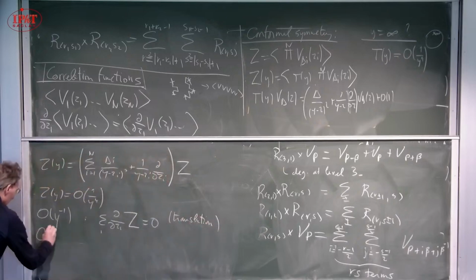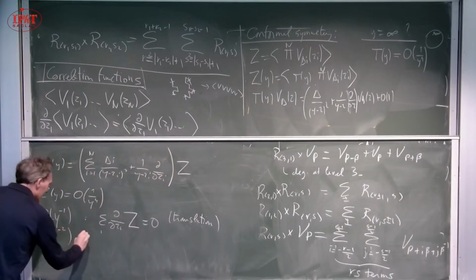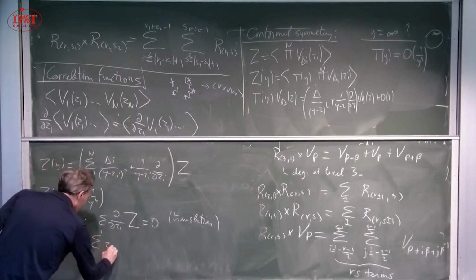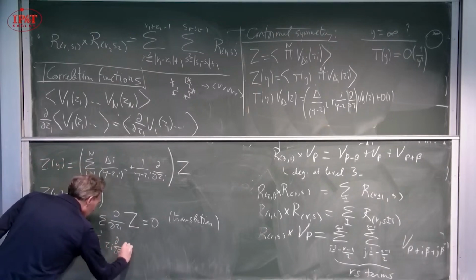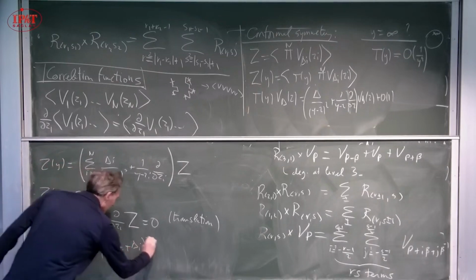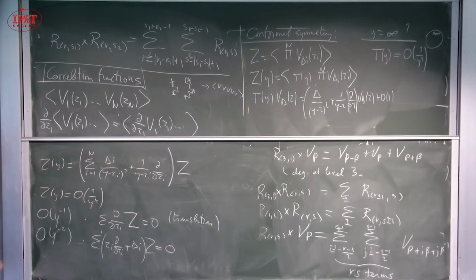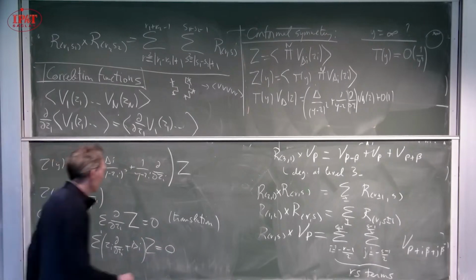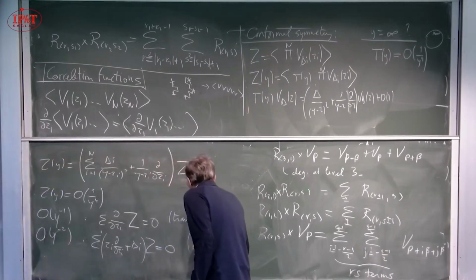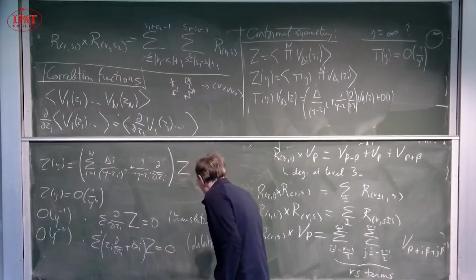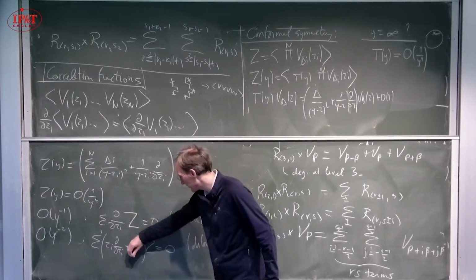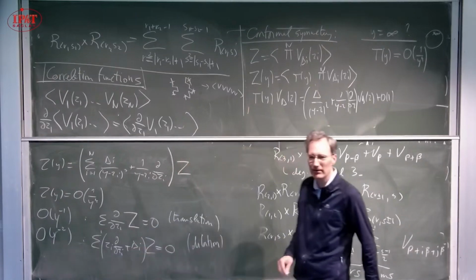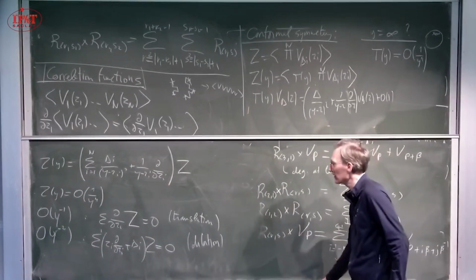Order y to the minus 2: sum z_i ∂/∂z_i plus Δ_i, Z is 0. That's called dilation. Well, not really invariance, dilation covariance. Invariance would be if I didn't have this term, that I have a contribution here depending on conformal dimensions.